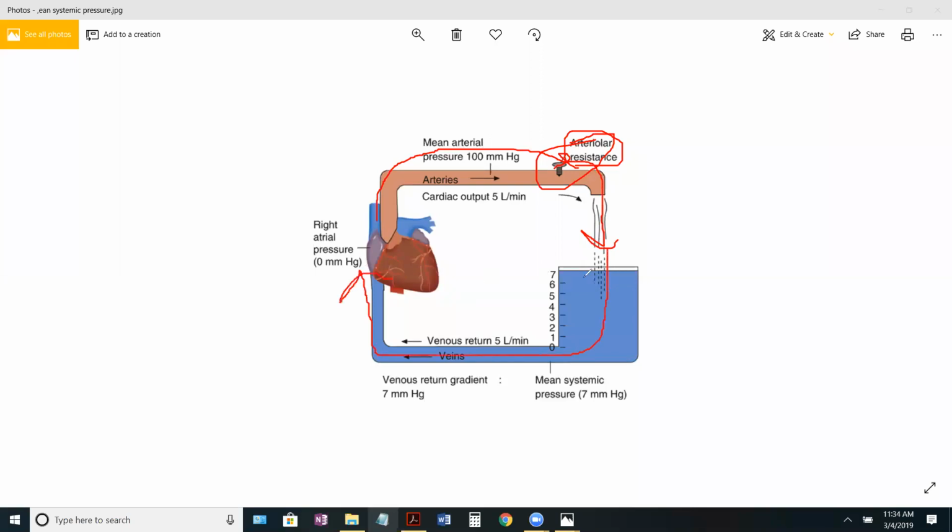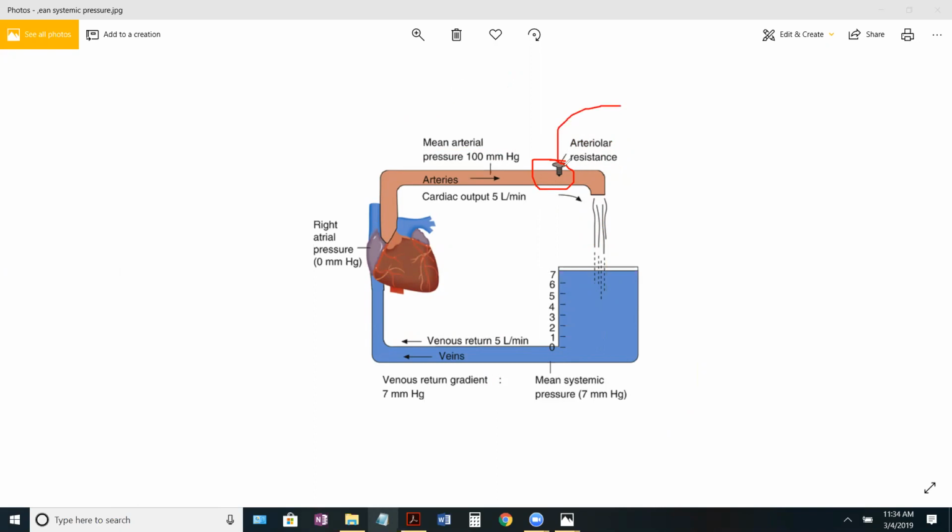But one very important thing is that when we say the mean arterial pressure or systolic or diastolic pressure, do you think the same pressure exists in the venous system? No. Okay, another very important thing. If the resistance is high at the level of arterioles, what would be the pressure after the arterioles?